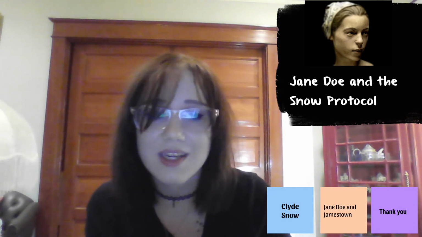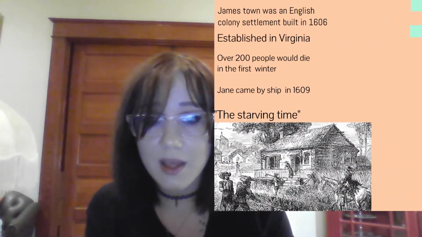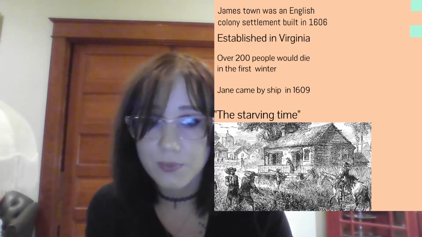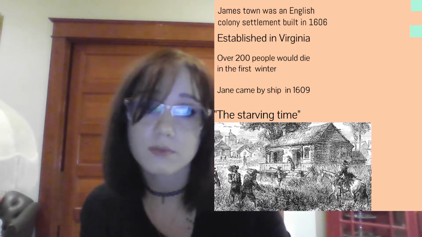So within that period of winter, they would end up partaking in some pretty gruesome behavior. They would start by eating their dogs and then their horses. Eventually, they would start eating the leather off of their belts. And after all these resources were depleted, they would partake in cannibalism.